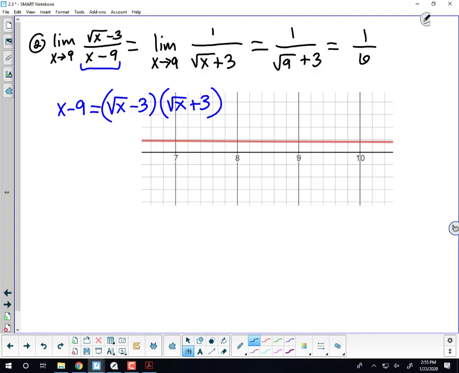Just to really quickly give you another example of where that factoring would work. That's part of the function, I just ended up graphing it. As x approaches 9, the original function is not defined, but we do approach a finite number, so there's our hole, it was 1/6 here.